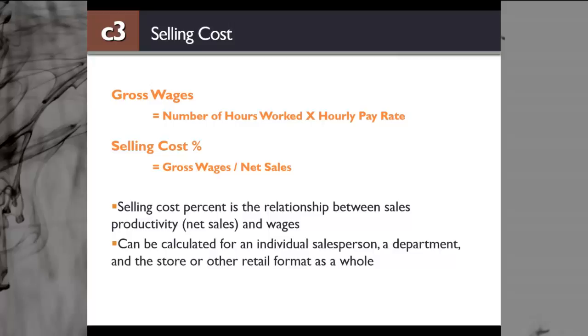Selling cost percent is the relationship between the sales productivity, net sales, and the person's wages. It can be calculated for an individual salesperson, a department, or the store or other retail format as a whole.